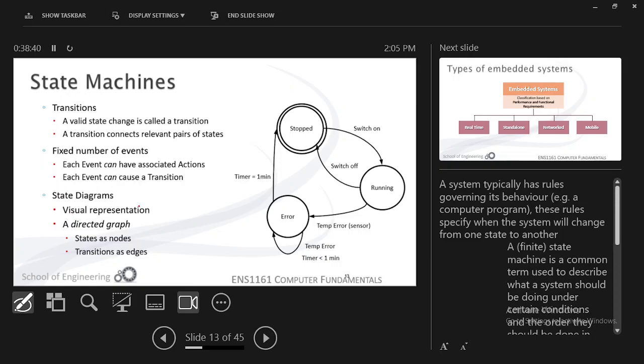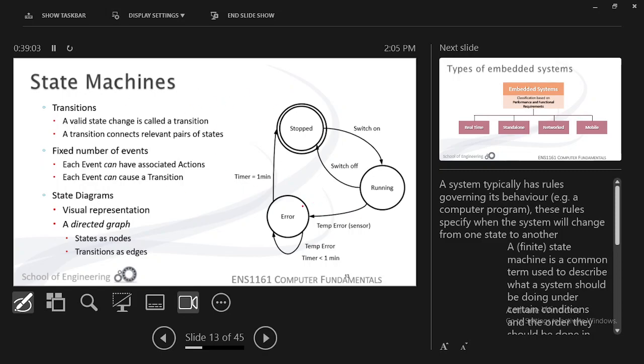State diagrams are a visual representation, a directed graph. When it comes to graphs, we have a number of types: one is a directed graph, and sometimes you can find undirected graphs. Basically, it's directed graphs, with states as nodes and transitions as edges.